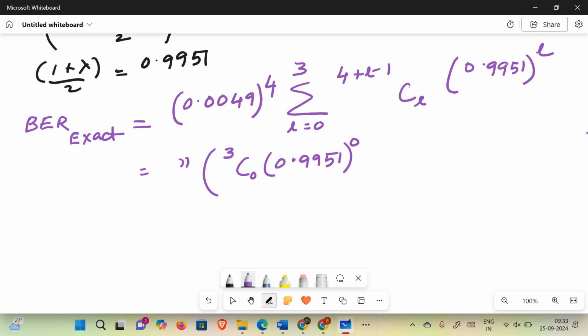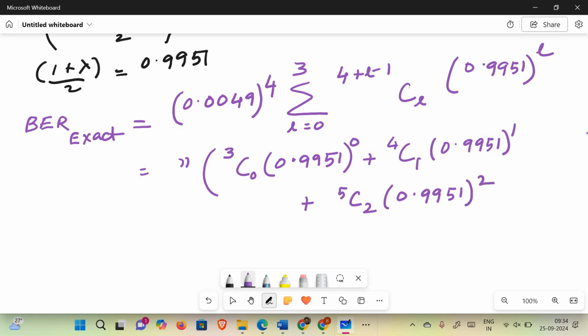Okay. Then the value 0.995 to the power L. At that point small l is 0. So this is 1 first term plus 4C1, 0.9951 whole to the power 1 plus 5C2, 0.9951 whole to the power 2 and plus 6C3, 0.9951 whole to the power 3.